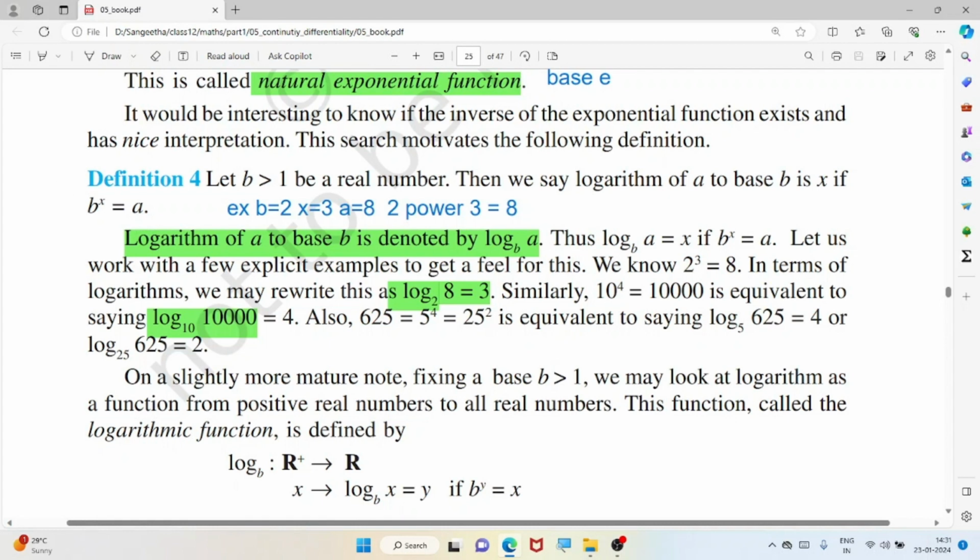Without log, 2 power 3 equals 8, but if you write it in terms of log, the base is 2, log base 2 of 8 equals 3, that is x. So here b equals 2, x equals 3, a equals 8. Similarly for the other examples here.